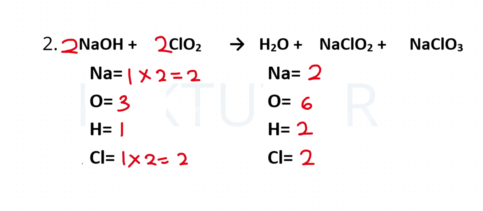So let's count the remaining atoms. Now let's count the atoms that we now have all together. Now we have 2 atoms of sodium here, which is this. Now what about oxygen here? Oxygen here had increased. So right now in this compound here, I have 2 atoms of oxygen. And then over here, I'm having 4. That is this 2 that I just wrote multiplied by the subscript of the oxygen here.